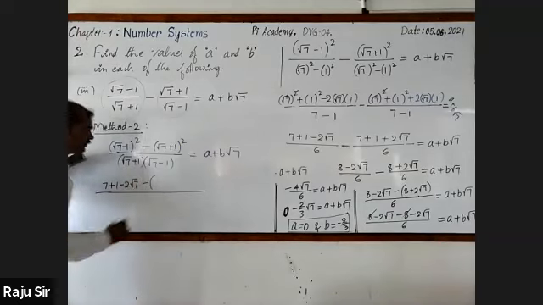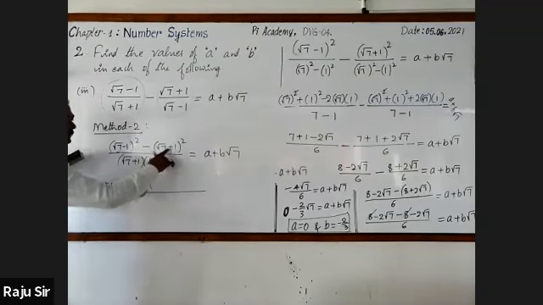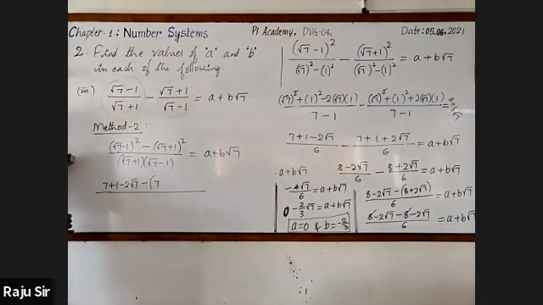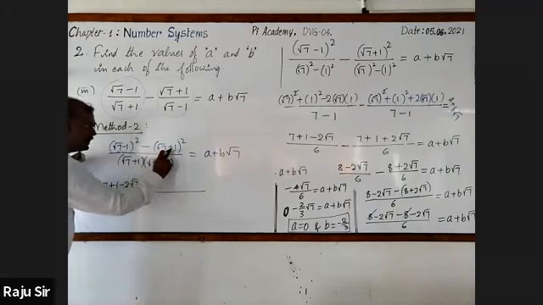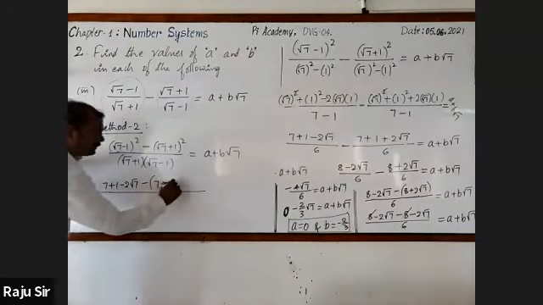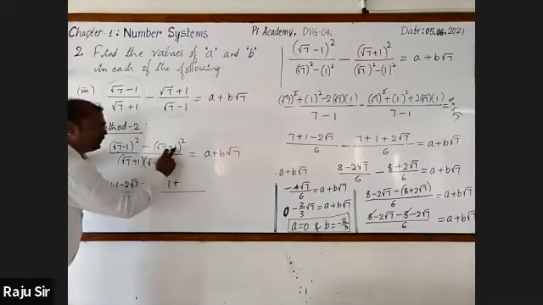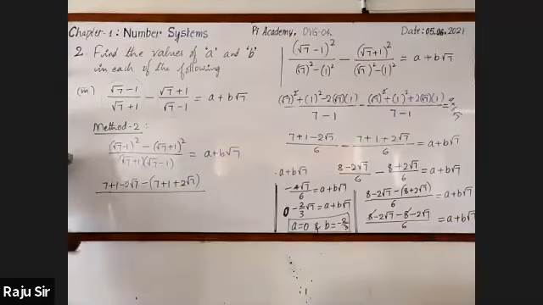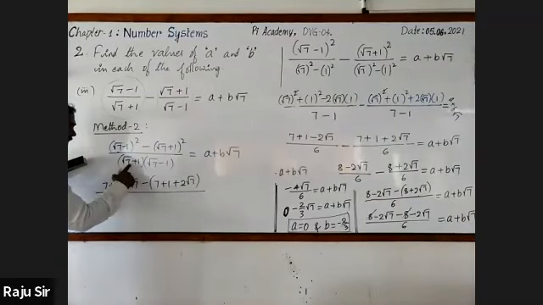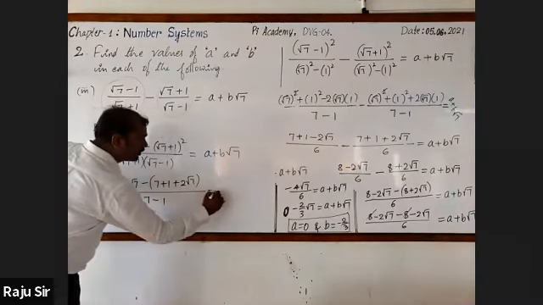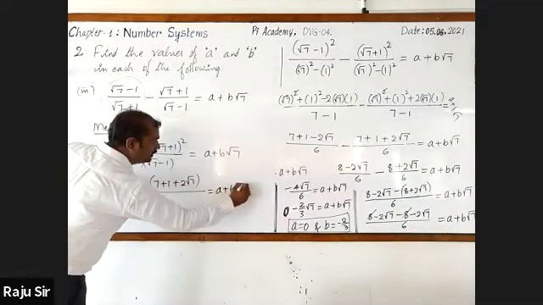Minus of this A plus B whole square: A square is 7 plus B square is 1 plus 2AB, 2 root 7, divided by A square minus B square, that is root 7 whole square is 7 minus 1 whole square is 1, which is equal to A plus B into root 7.